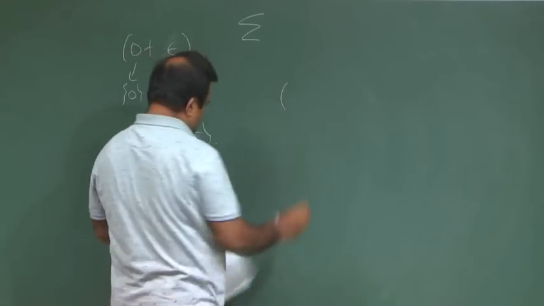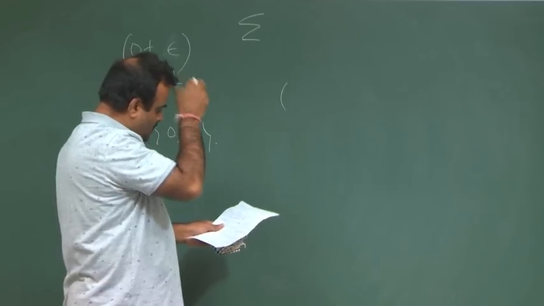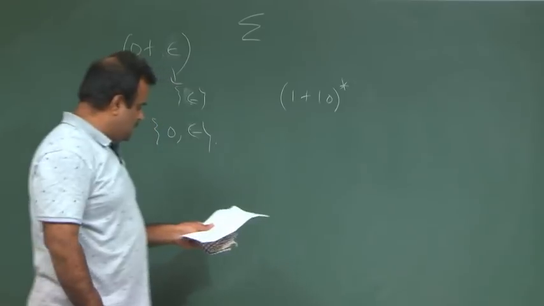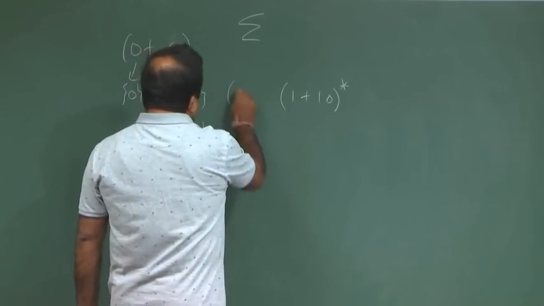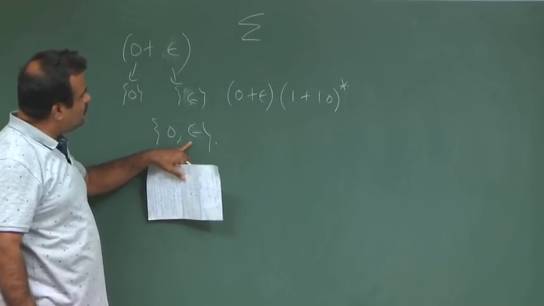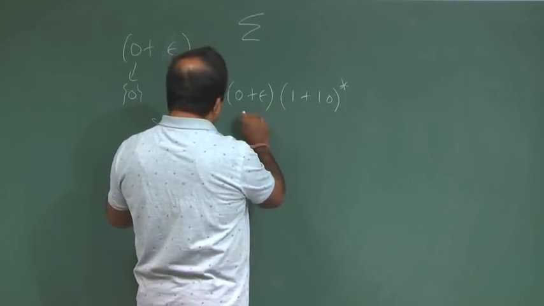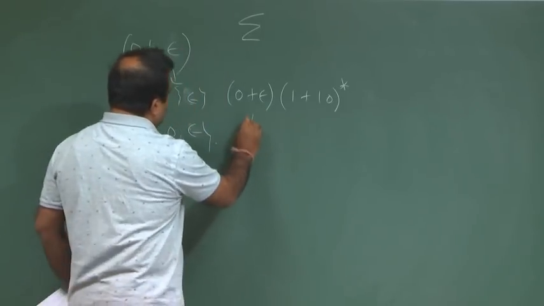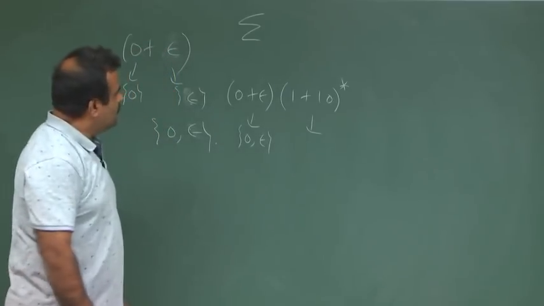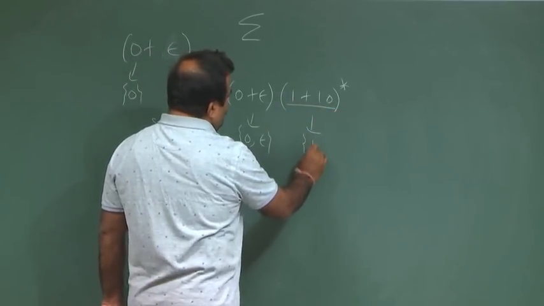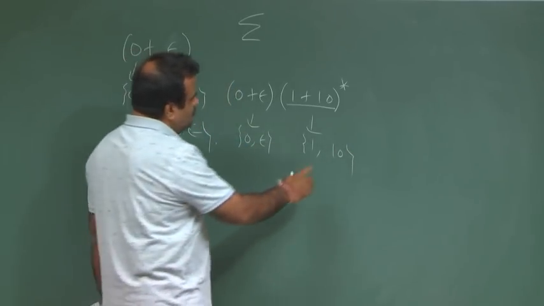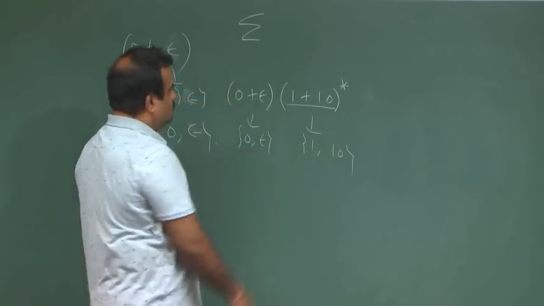Now, if you take another language, say 1 plus 1 0 star, along with this. So, we can take 0 or epsilon from here. So, this is nothing but 0 or epsilon, and here what will come? Now, inside it, it is 1 and 0 1. So, the star means we have all combinations of these two.